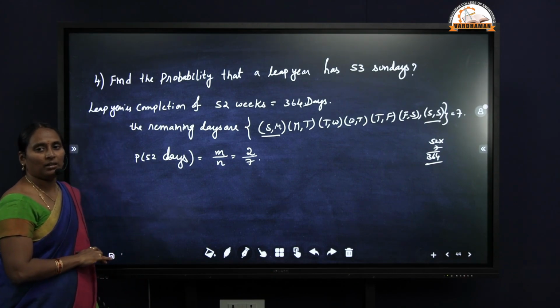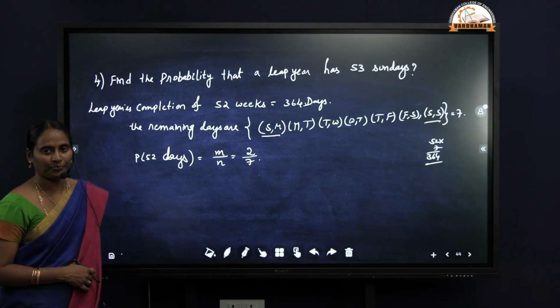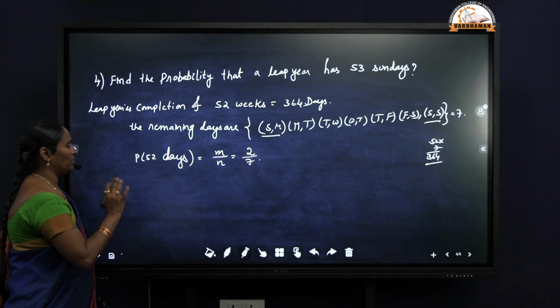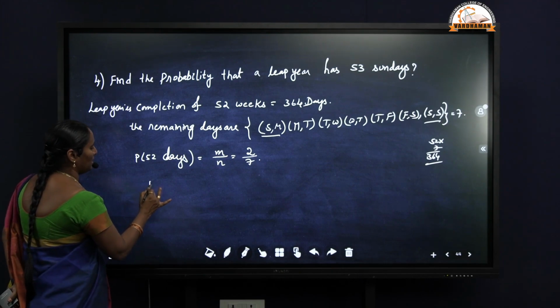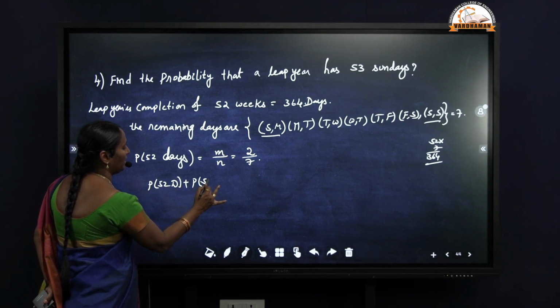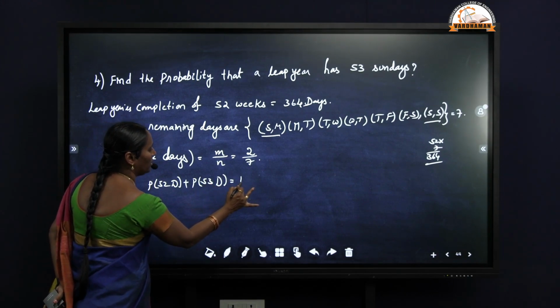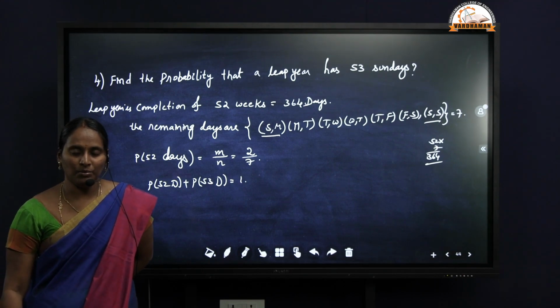But here we are going to find that the leap year has 53 Sundays. We know that the sum of all the probabilities is equal to 1. So the probability of 52 Sundays plus the probability of 53 Sundays is equal to 1, by axiom 2.